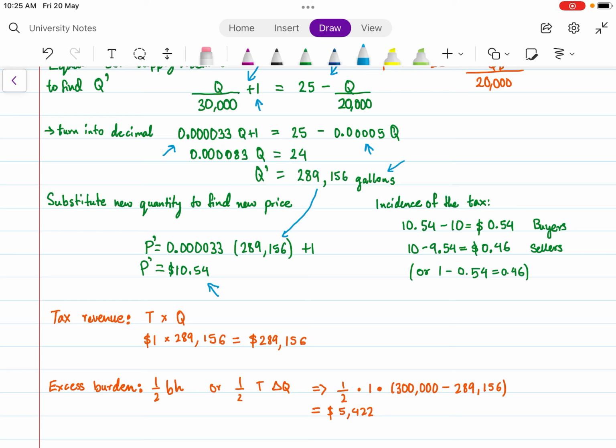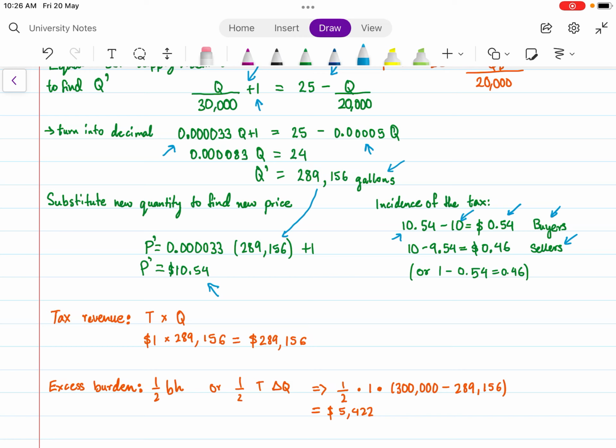To find out the incidence of the tax for both buyers and sellers, we use the new equilibrium price, which is 10.54, and subtract the old equilibrium price, and we get $0.54. Every single buyer will have to pay 0.54 in tax as part of the price, and this amount will go directly to the government.